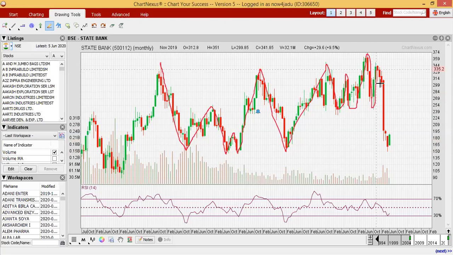Finally it broke this level and corrected drastically up to the 150 level again.